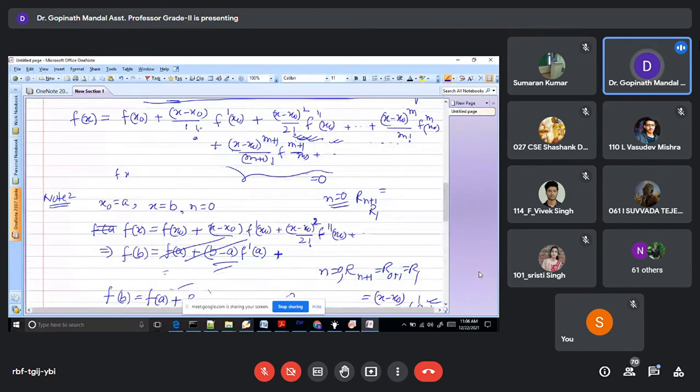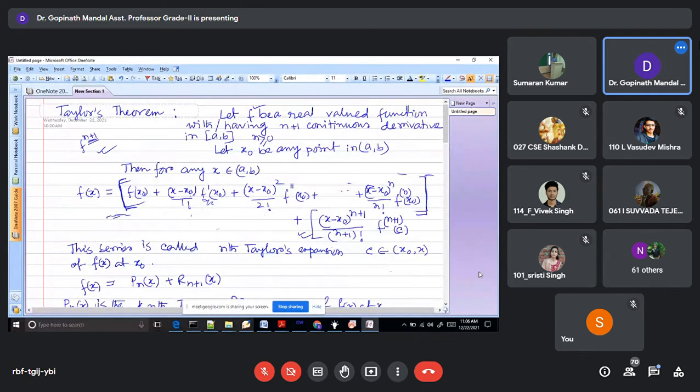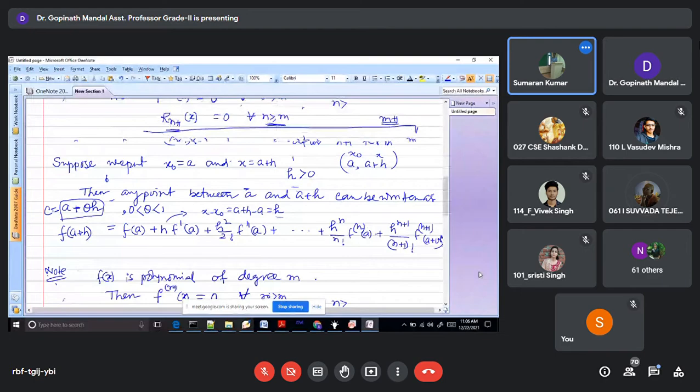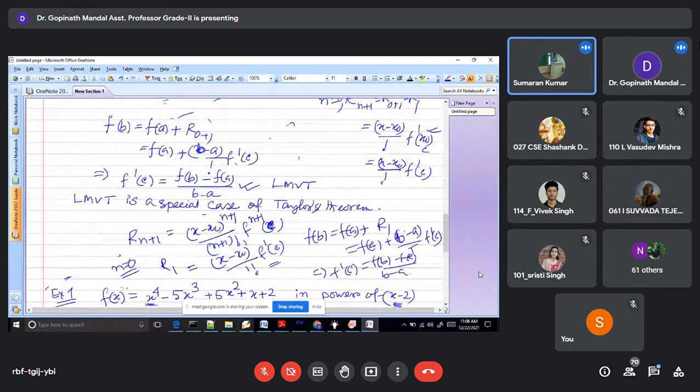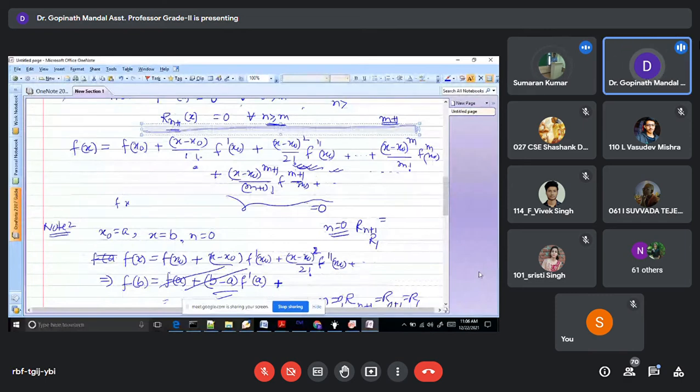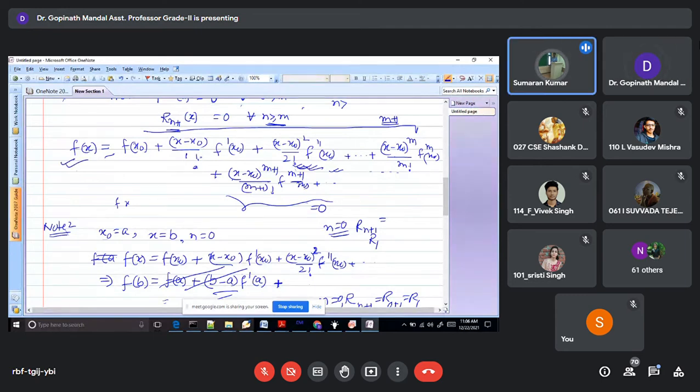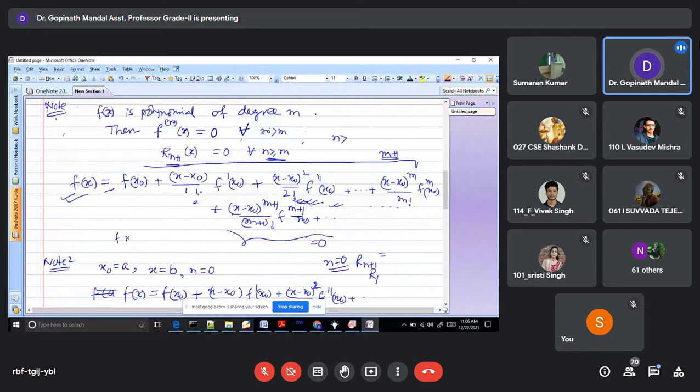If we consider this equation, if f is a polynomial of degree m, in that case what will happen?